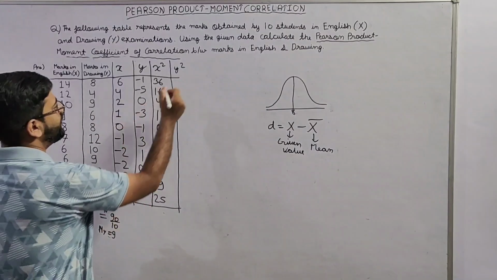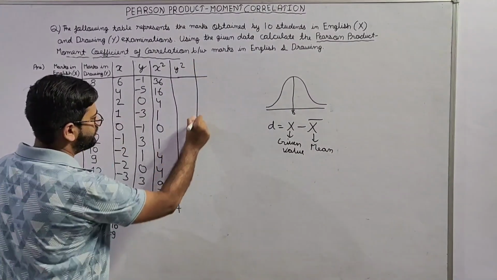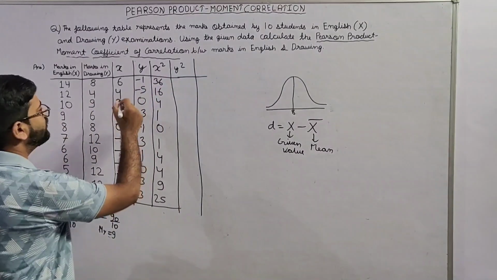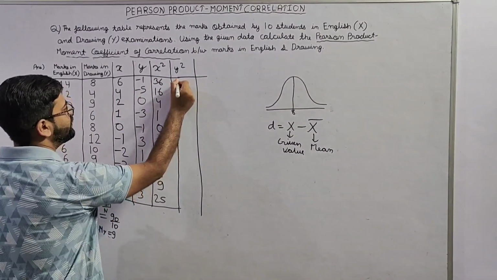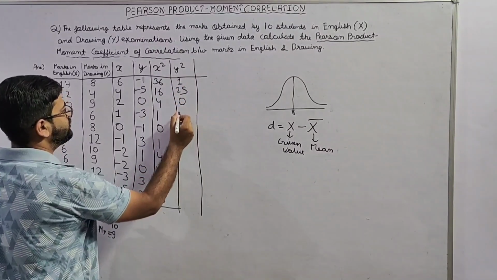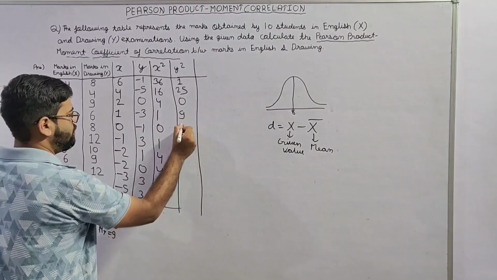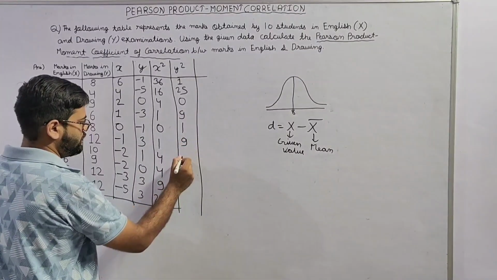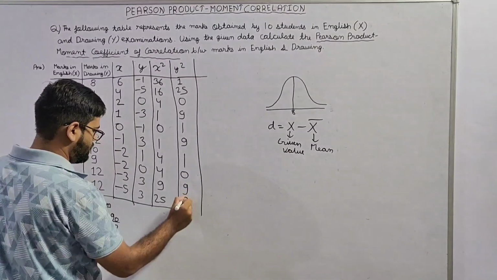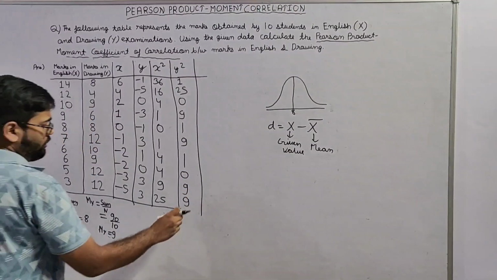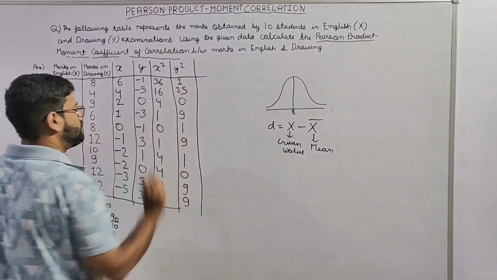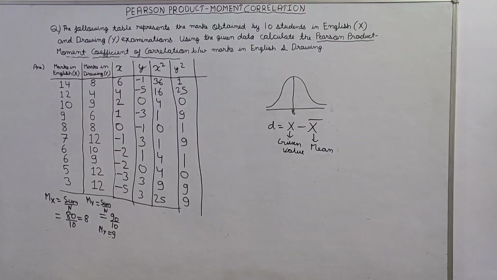In the same way, we find the deviation of y square. Minus 1 square is 1, minus 5 square is 25, 0, 9, 1, 9, 1, 0, 9, 9. Now we count the terms 1 2 3 4 5 6 7 8 9 10. All the 10 terms are there.